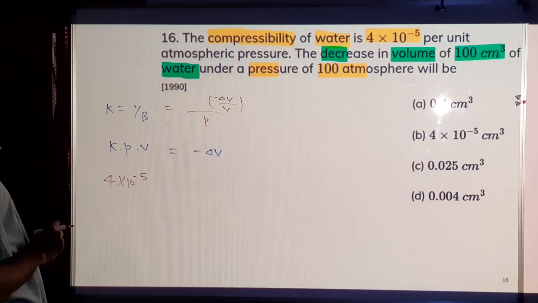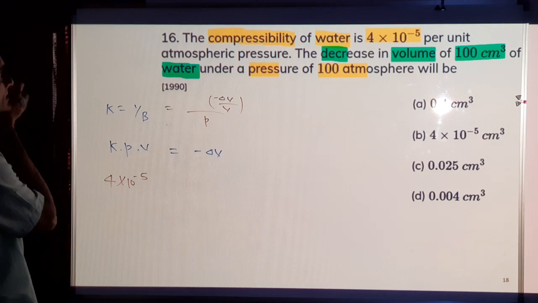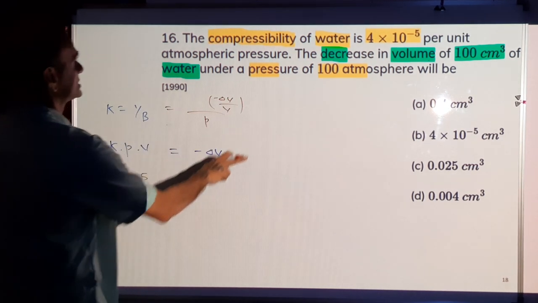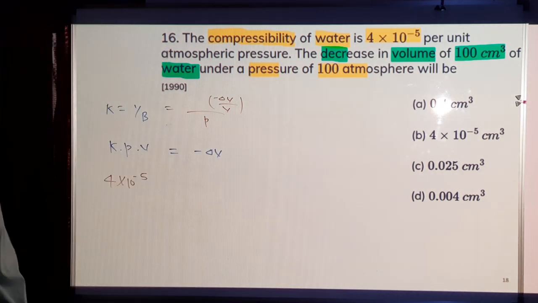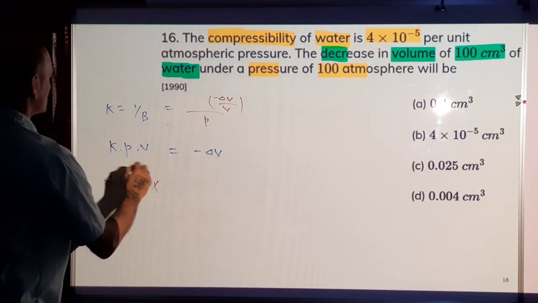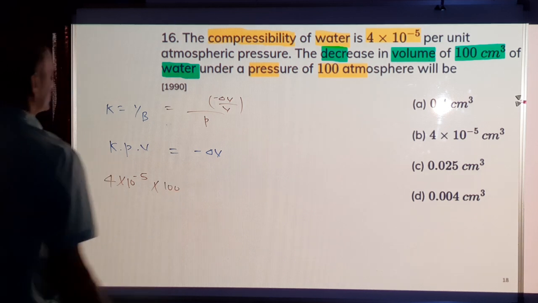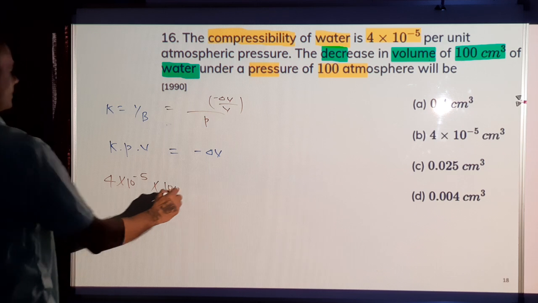And atmospheric pressure is P, but actually this thing is inside water. It's under the pressure of 100 atmosphere. So pressure in terms of atmospheric pressure is 100 times atmospheric pressure. So this per atmospheric pressure and atmospheric pressure will cancel.